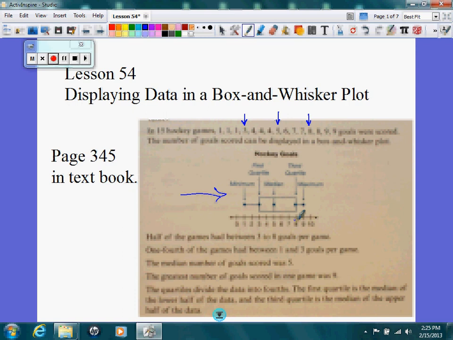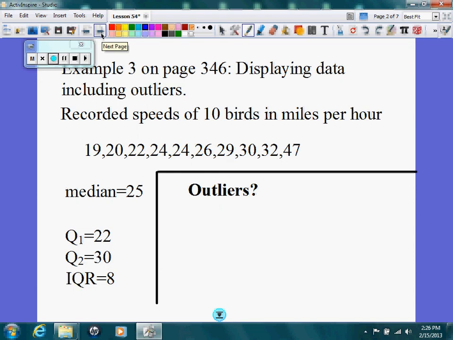So that's our third quartile, and then we display the minimum and the maximum values recorded in the data list.